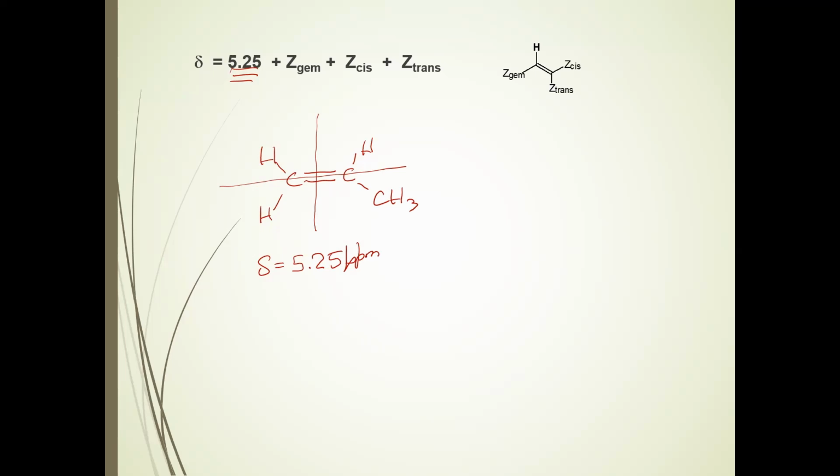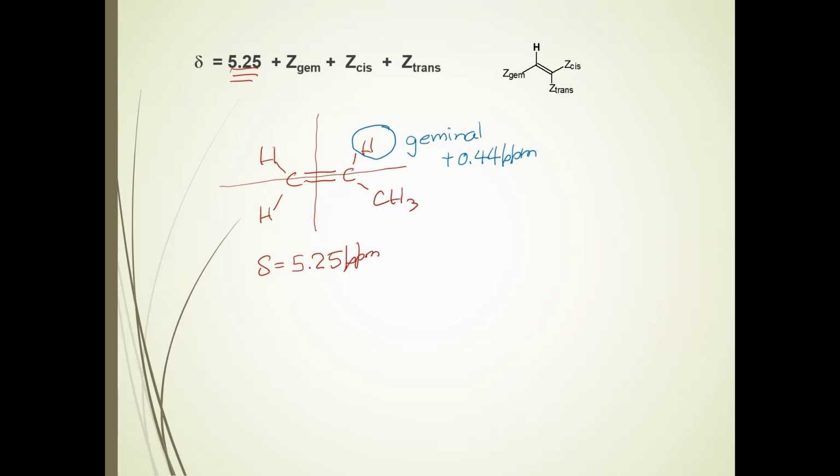So the hydrogen that is on the same carbon, this hydrogen is said to be geminal. So whatever's on the same carbon, it's called a geminal relationship. And the methyl group has the general effect of increasing the chemical shift of a geminal group of around 0.44 ppm.